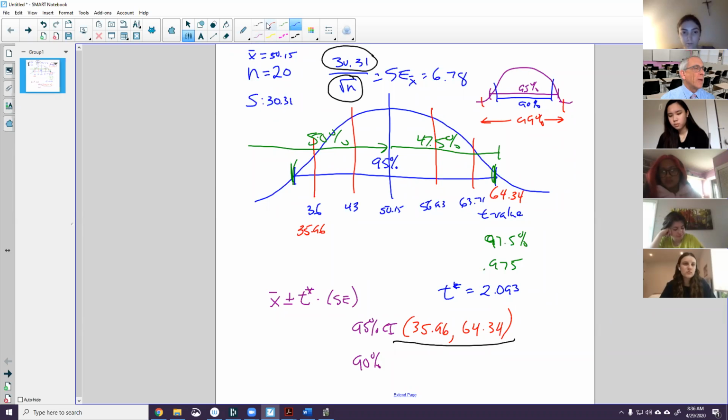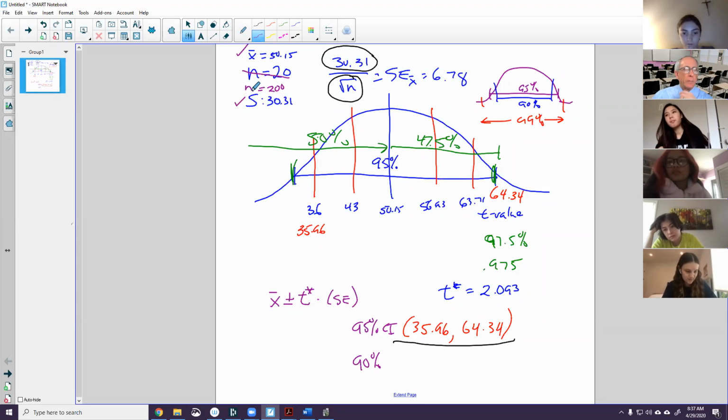So this is going to stay the same, and the standard deviation is going to stay the same. But my n, let's say that instead of being 20, was equal to 200. What would my confidence interval look like? Would my confidence interval be bigger, or would it be narrower?